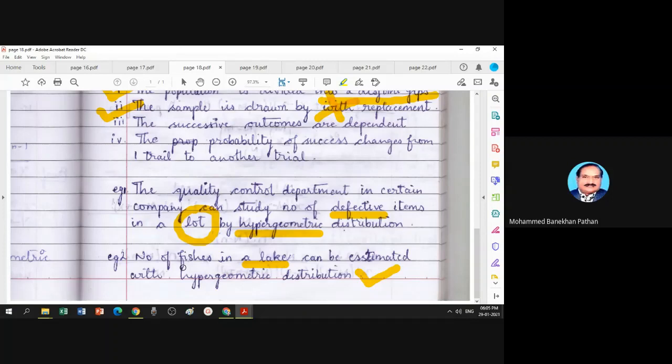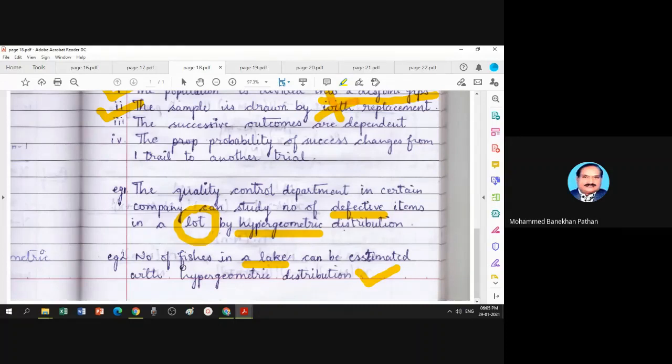marked and unmarked. Then on another day, we go randomly and put a net in that lake and catch fish again. In this sample now, you will get some fish which are marked and some which are unmarked.